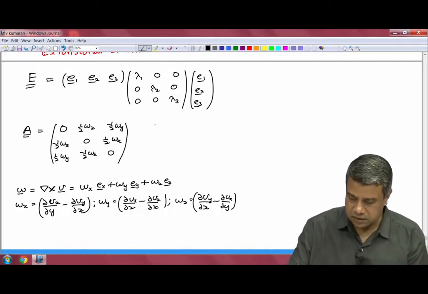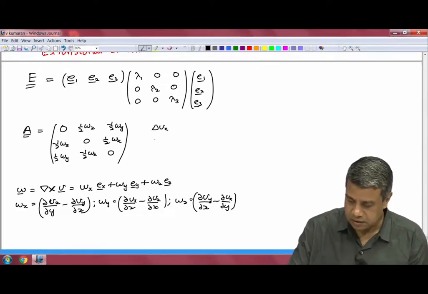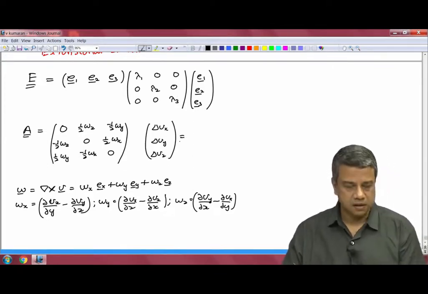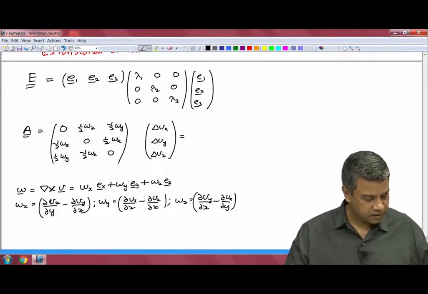And I showed you that the difference in velocity between two nearby locations can be written in terms of this vorticity vector.